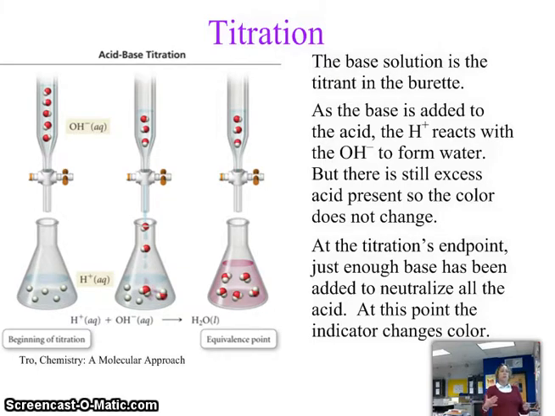Which is why when you do your calculations tonight, you have your moles of KHP that you added, that you can get because you know the grams, about 0.3-ish, right? You can get the grams, and that will give you the moles. And the moles of base that you add to reach the end of the titration, we assume that those are equal. When in reality, obviously, most of you over-titrated.